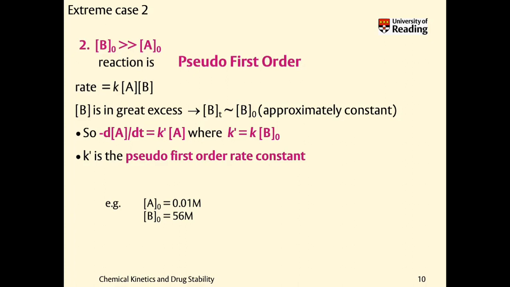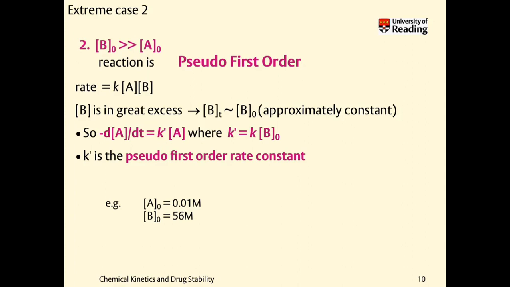The example that I have given you about our drug being A with a concentration of 0.01 molar in water, which is B, and water has a concentration of 56 molar. It's hard to think of water as a solvent having a concentration, but it does. It has a number of moles in a litre. Okay.